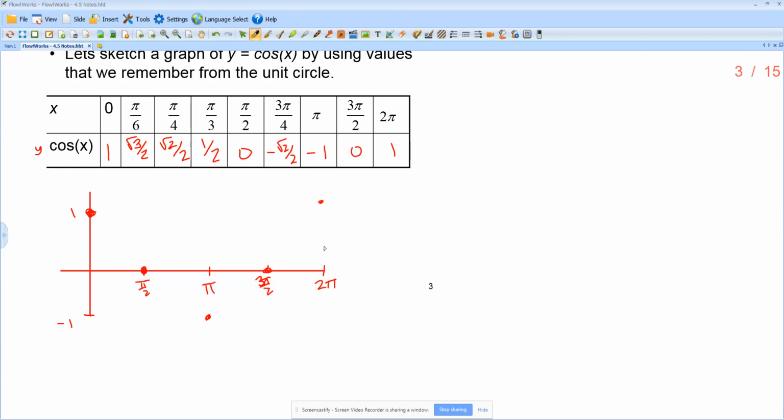You can maybe tell what the shape of this is, but just to help us out, pi sixths, pi fourths, and pi thirds are inside there. And I get 1/2, root 2 over 2, and root 3 over 2.